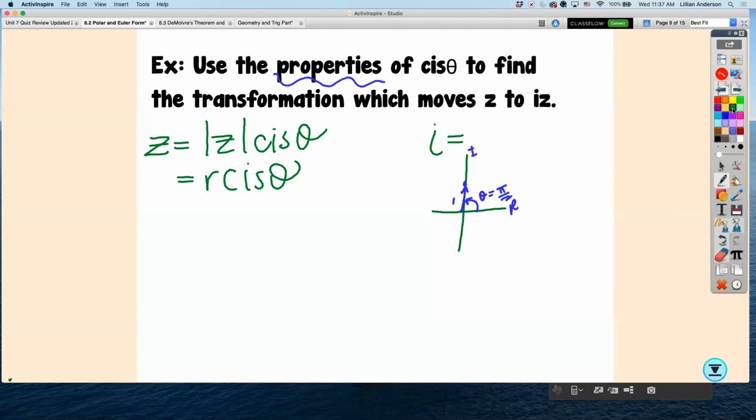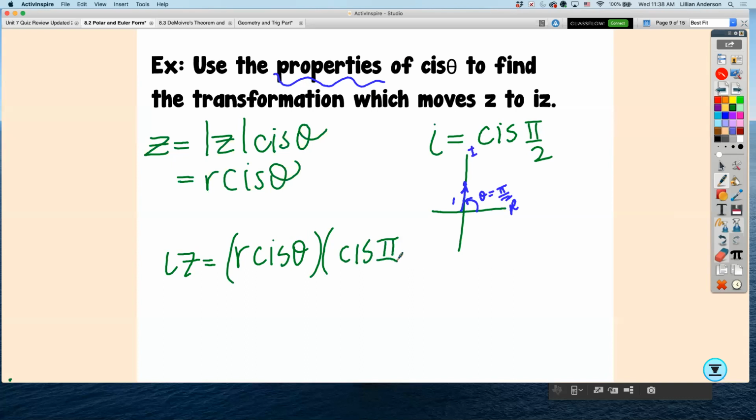So I have a modulus of 1, which I'm not going to write, cis theta, which is going to be what? Pi over 2. So when I multiply i and z together, I'm able to use my properties to multiply r cis theta with cis pi over 2.